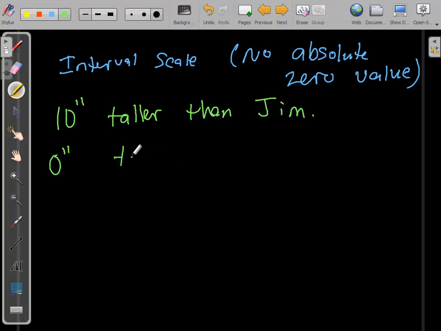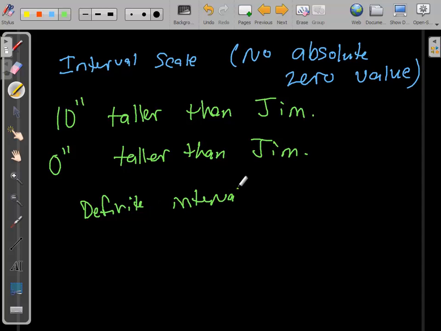So the key for this scale of measurement is that you have to have equal intervals, or I should say definite intervals. In other words, you have to put a unit to it, inches or degrees.